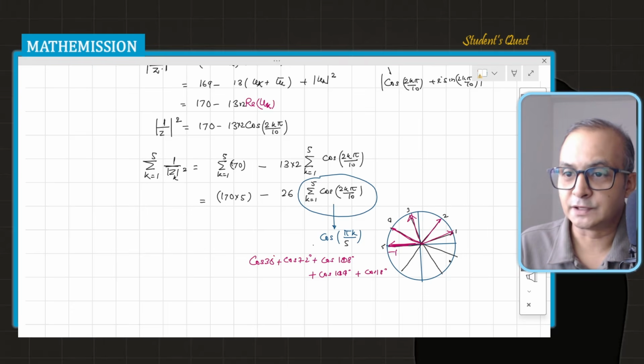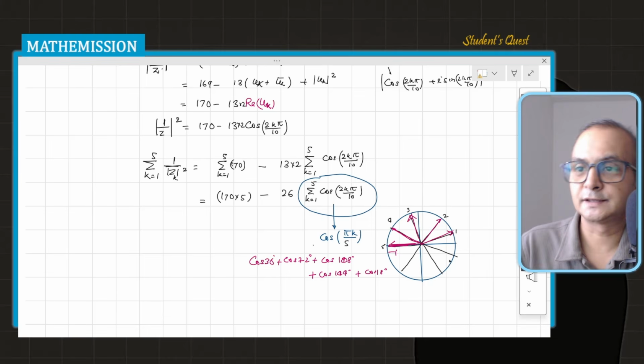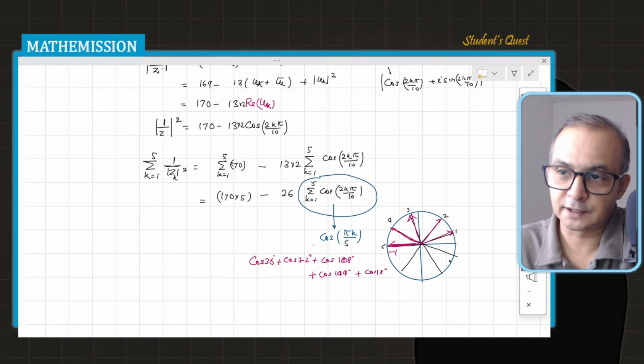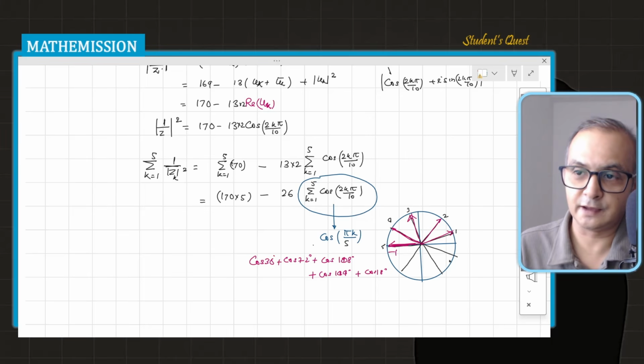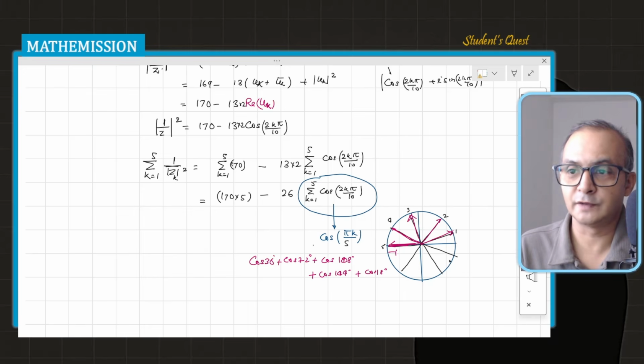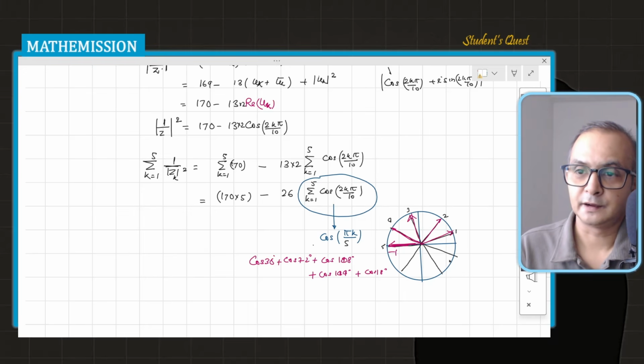This must be 0, otherwise the symmetry will not hold, because each complex number has its conjugate. So all the 5 roots are there and their conjugates are there. If you take a complex number here, its conjugate is just the mirror image.